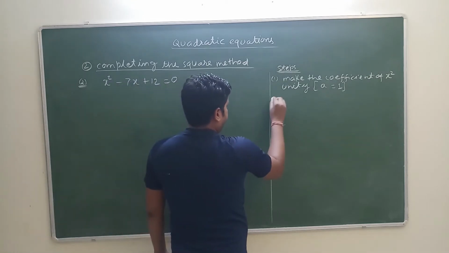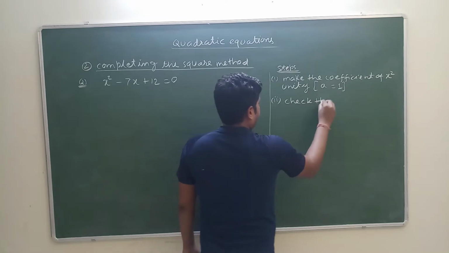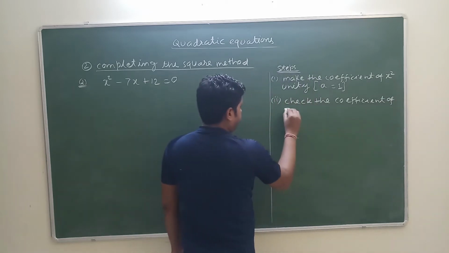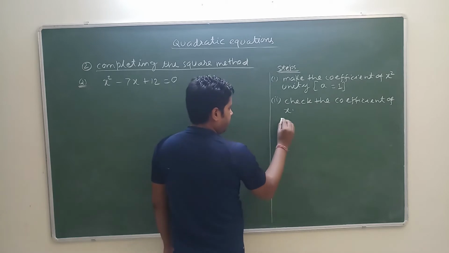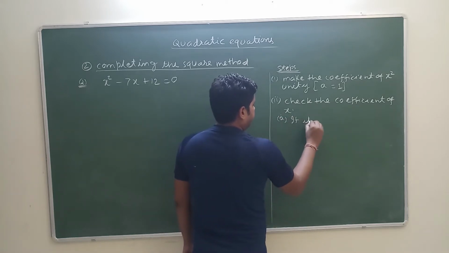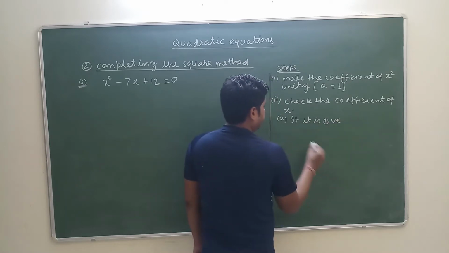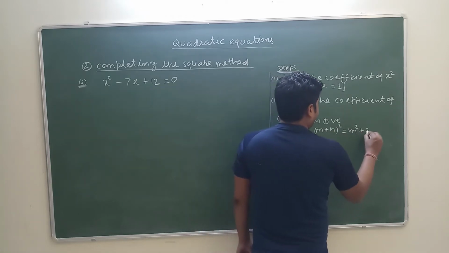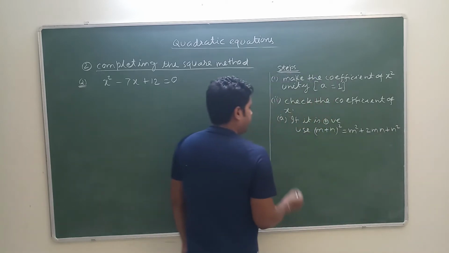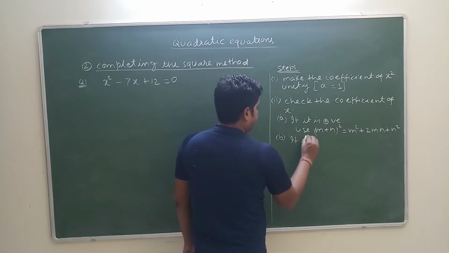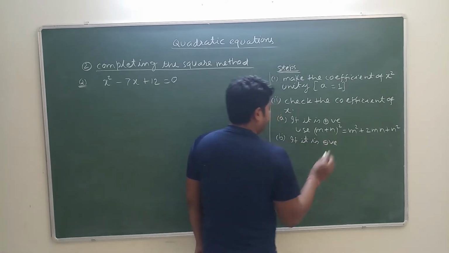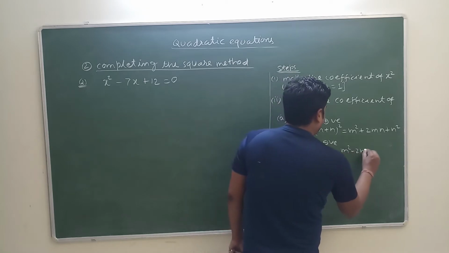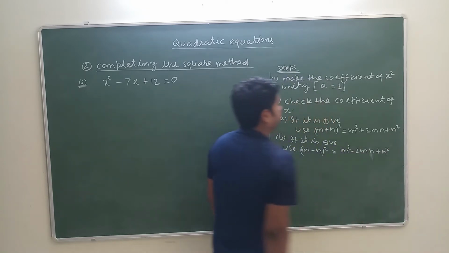Then check the coefficient of x. First part, if it is positive, use m plus n whole square is equal to m square plus 2mn plus n square, and if it is negative, then use m minus n whole square is equal to m square minus 2mn plus n square, right?